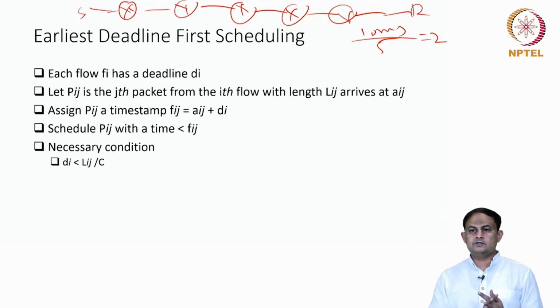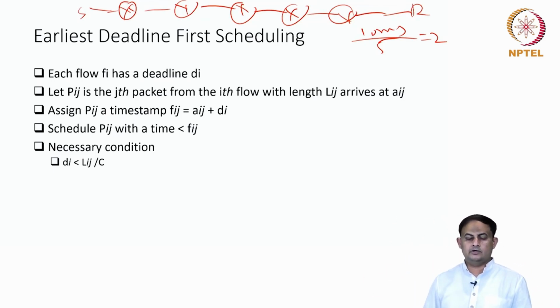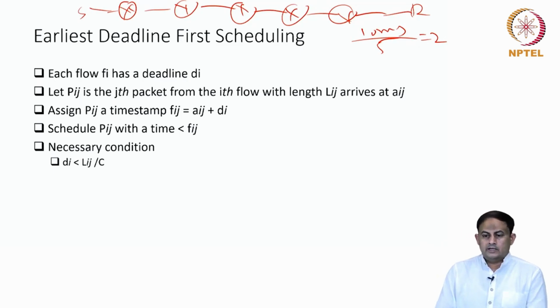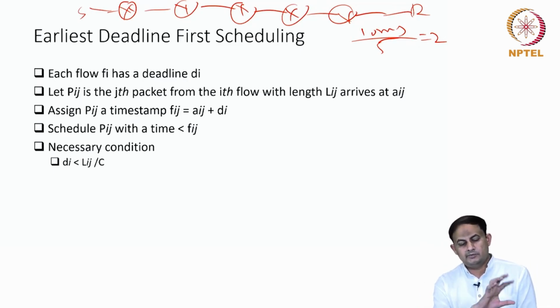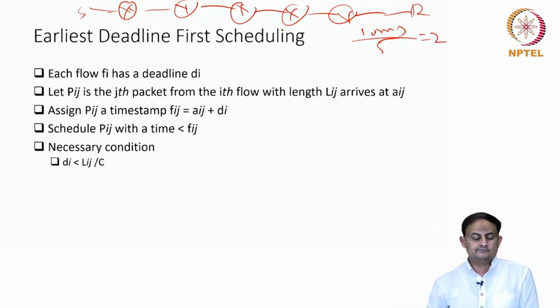Within 2 milliseconds these routers have to forward that particular packet. That is the constraint on the individual router, given that the number of routers between the source and receiver is 5, and 10 milliseconds is the total end-to-end delay.